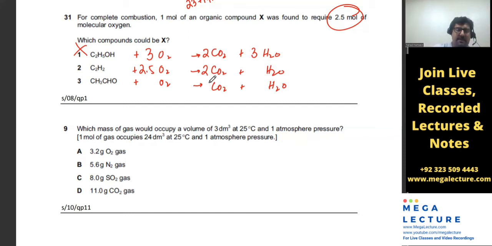So you got 2 carbons, so there should be 2 carbon dioxides over here, and there are 4 hydrogens. So there's 2 water molecules, and that's 4. 6 oxygens on the right side. There's 1 already here, so that you need 5. So that's 2.5 O2, right?